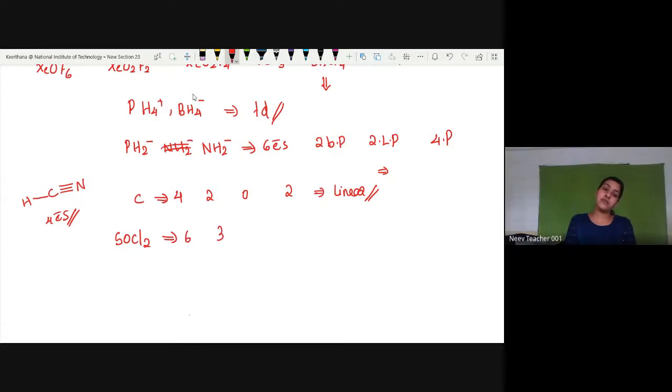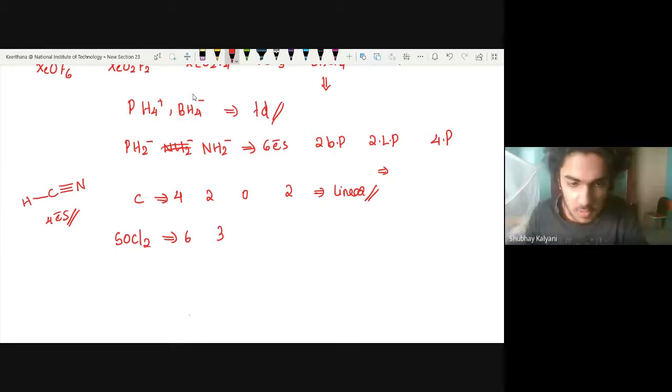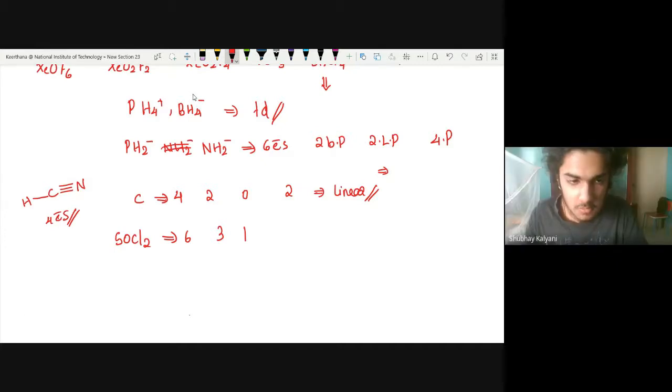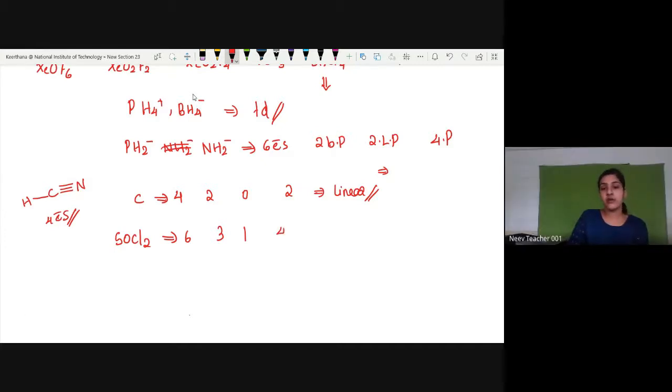Then how many lone pairs? 1. So what is the shape? Tetrahedral. Yes, total 4. Total electron pairs is equal to 4.